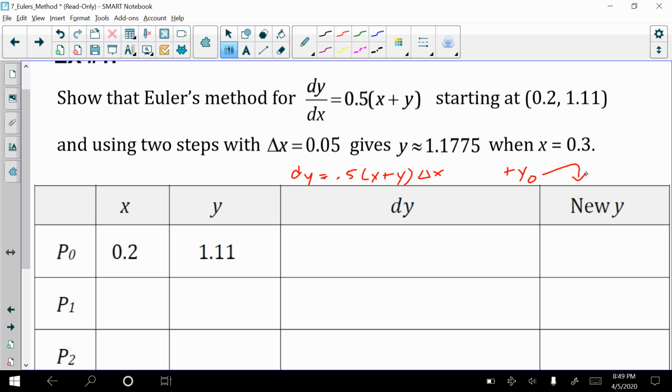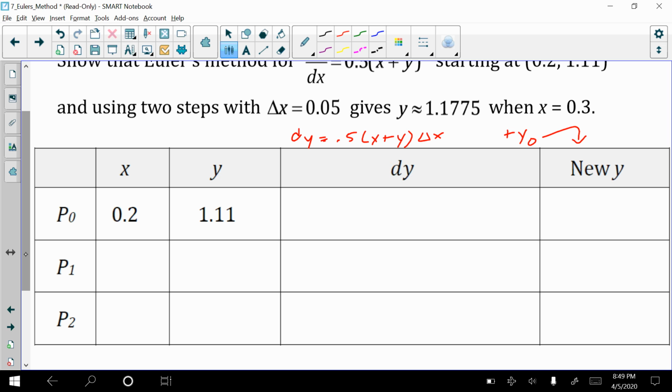Having that information on hand, we can go through our first step. We say 0.5 times, when x is 0.2 from our initial conditions, plus the 1.11, times delta x, which in this case is 0.05. All of that gives you the change, the dy essentially.